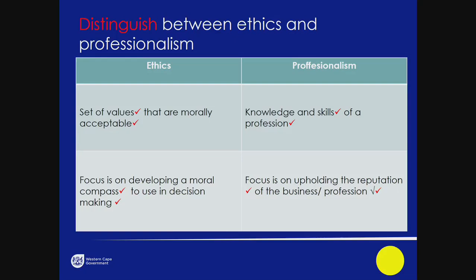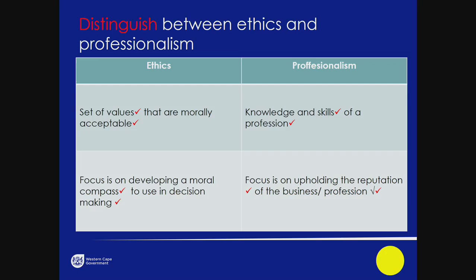Right. Another favorite question that we get is distinguish. It could also be differentiate or compare between ethics and professionalism. And guys, as I said to you, try to put this in a table so that we can see the differences clearly as the markers.